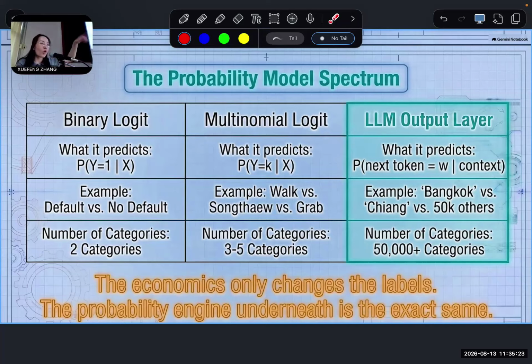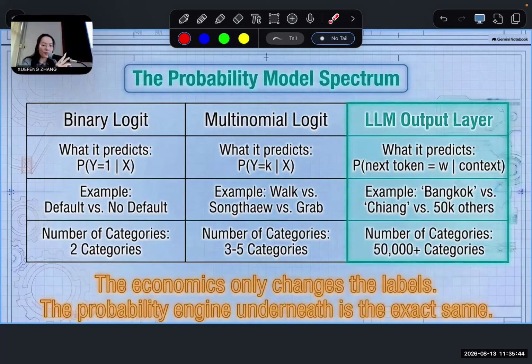We just use one minus the other. So what it predicts is the probability y equals 1 given x. Think about the example: default versus no default, fail or not fail. That is binary.